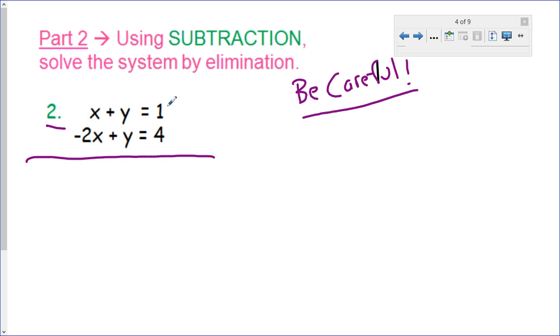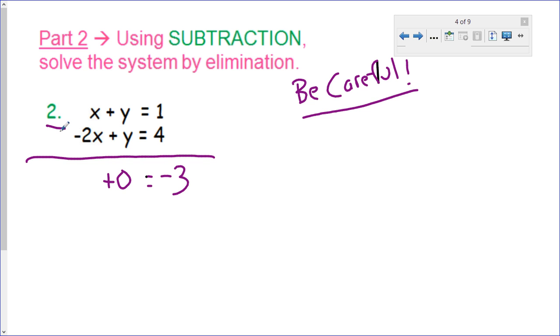First of all, 1 minus 4 makes a negative 3. Y minus y makes what? It should make 0. That's why we're subtracting. I look to see that these two are the same, so I'm going to subtract them. And then here I have x minus a negative 2x.